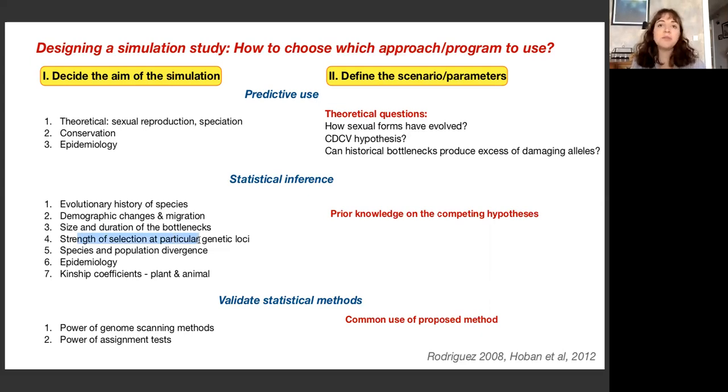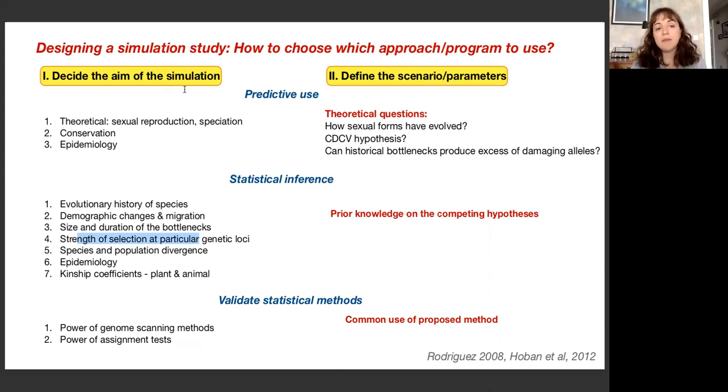So the competing hypothesis might be what the patterns of the selection were. And also, if our aim was validating the statistical methods, we can just consider the common use of the proposed methods in the field. So this knowledge is important for defining the scenario for the simulation, and then the parameters.